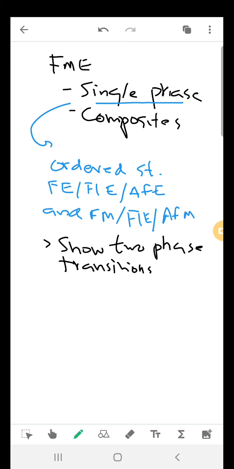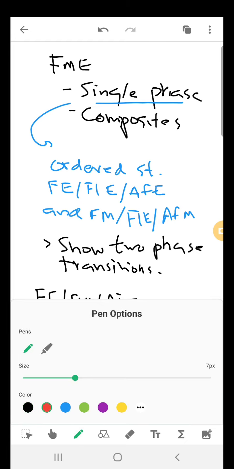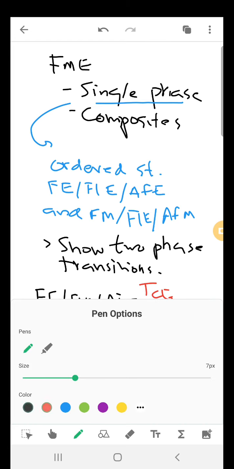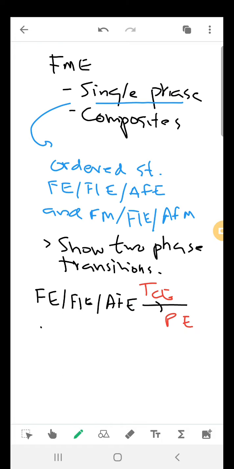That is the electric part, that means either a ferroelectric or an antiferroelectric material. At the Curie temperature corresponding to this electric effect, TCE, they convert to a paraelectric material, and the same goes for the magnetic material, whether it's ferromagnetic, ferrimagnetic or antiferromagnetic.